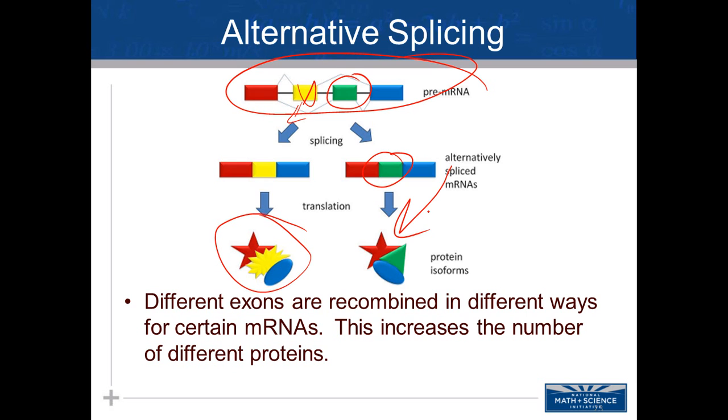And so by alternative splicing of the RNA by the spliceosomes, you will be able to make different kinds of proteins. Extremely important in producing different kinds of proteins with a smaller number of DNA genes.